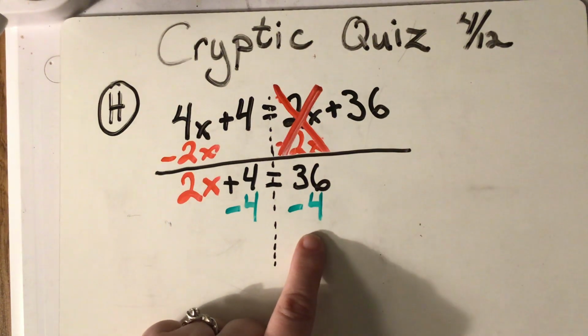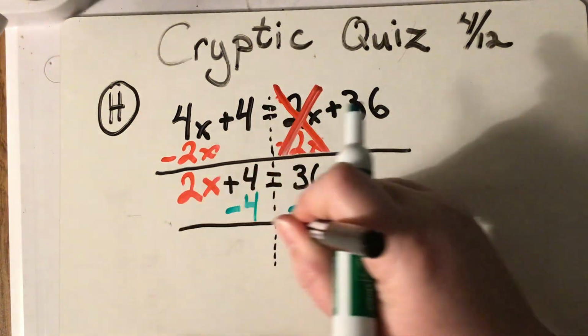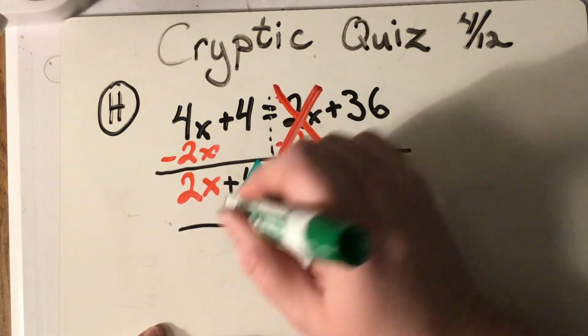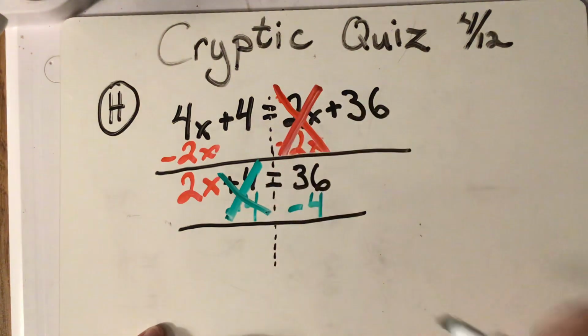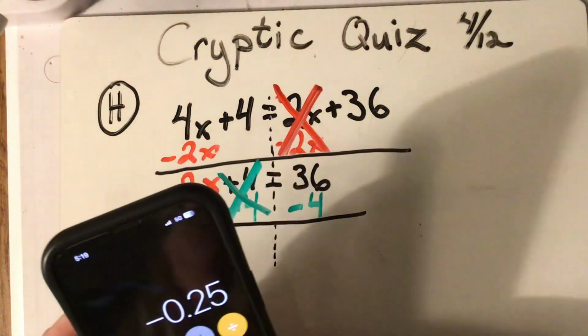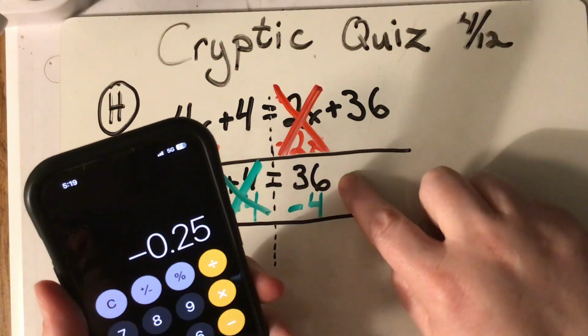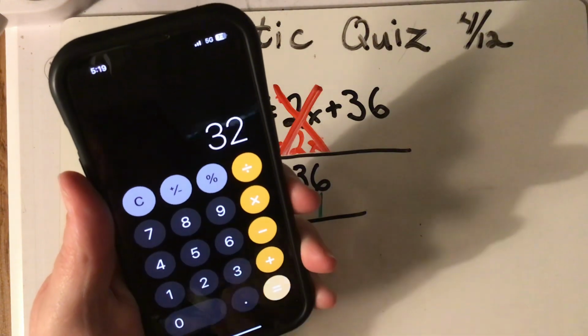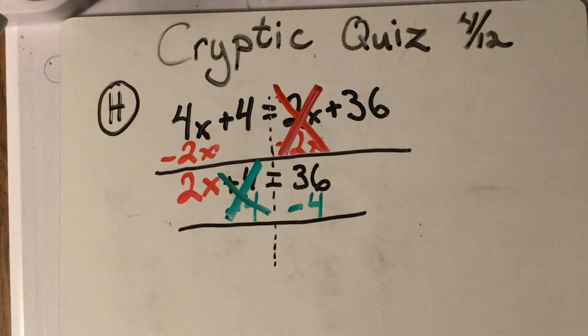Minus 4. Okay. These guys are going to cross out because they're all used up. And let's get my calculator out for this one because I don't want to mess this up. 36 minus 4. Minus 4 equals 32.